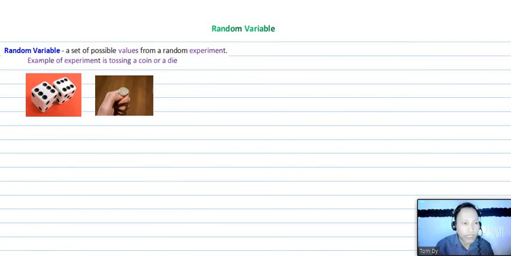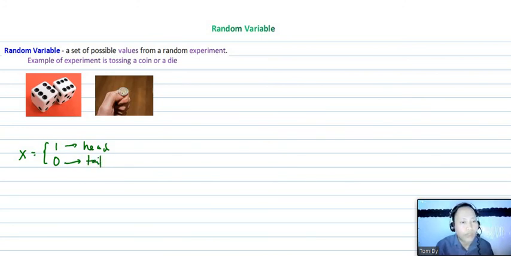So these are the values for our random experiment. When we say random variable, we have here our example. Let's say x is our random variable. When we toss a coin, we have, let's say, 1 and 0. For 1, let's say this indicates our head, and 0 here is the tail.